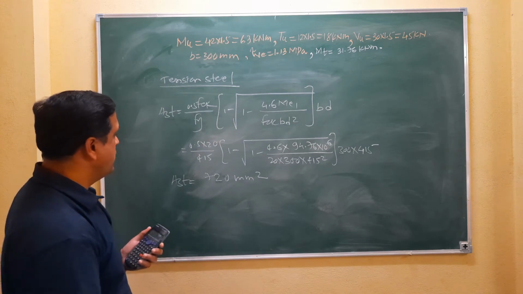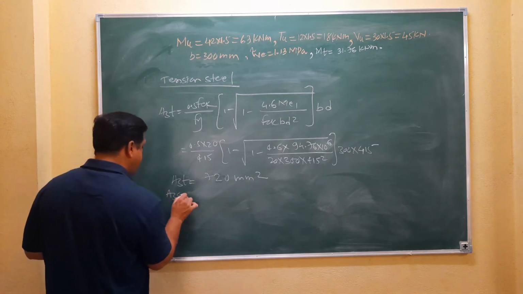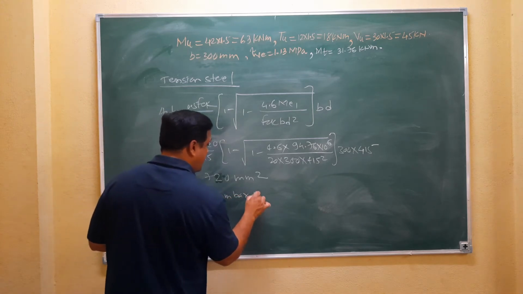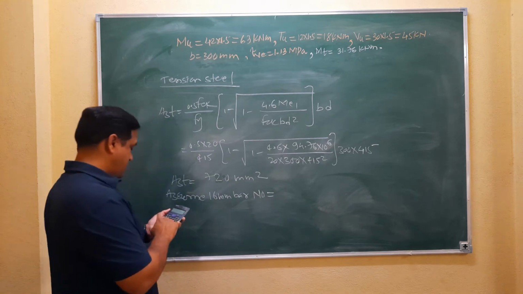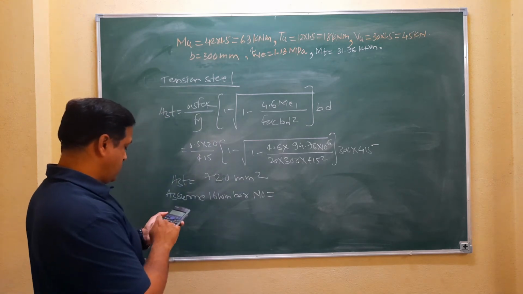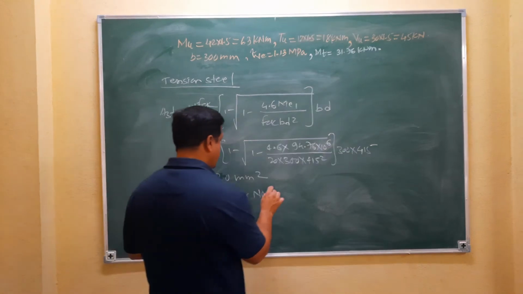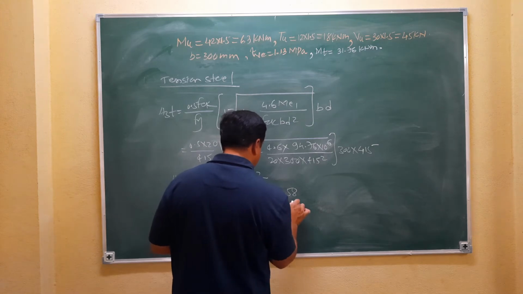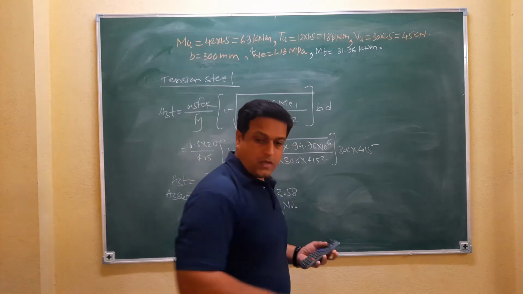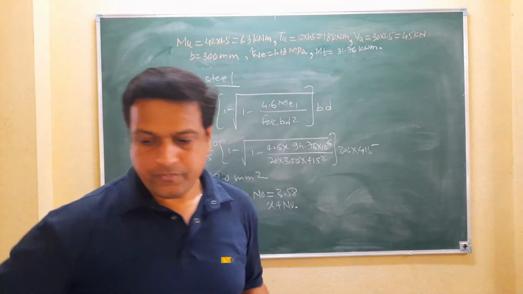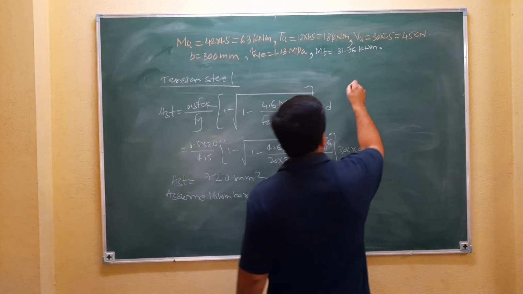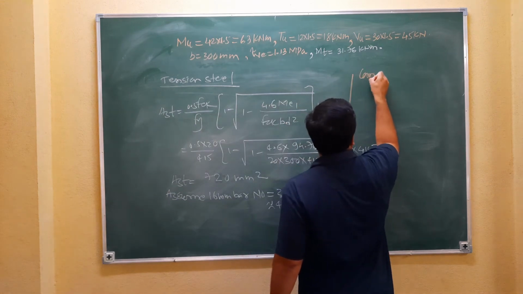Please check this value. So assume 16 mm bar and provide the number of bars. It is 3.58. That means you have to provide the 4 numbers. Okay, but what about the compression steel?